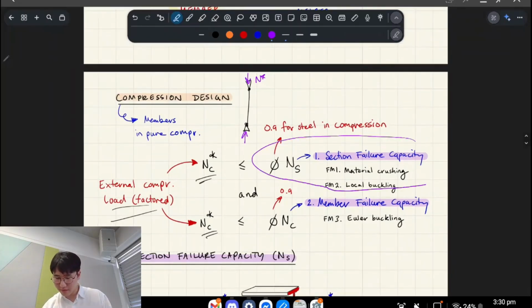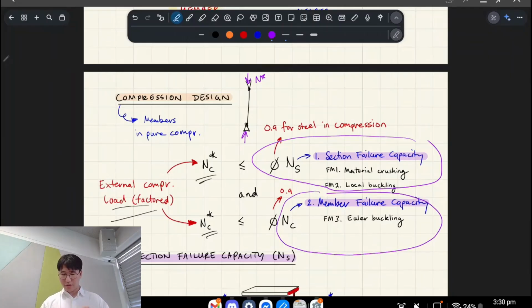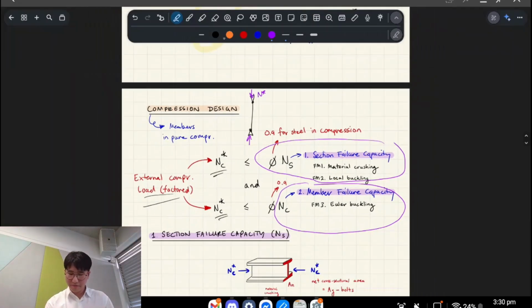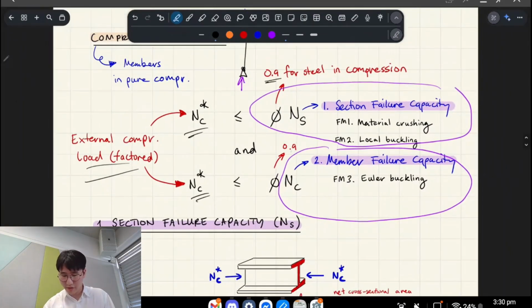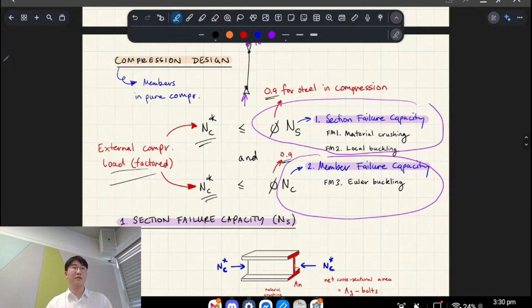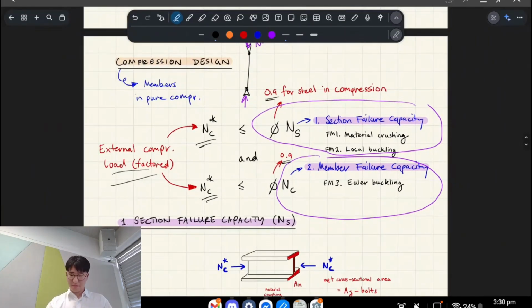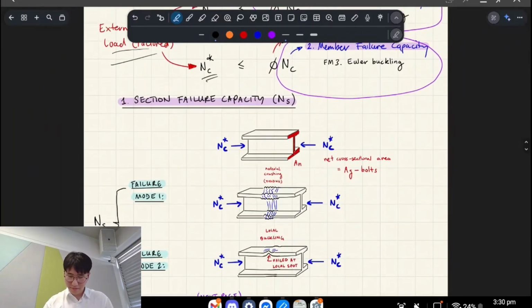For section failure, we're going to check two things: material crushing and local buckling. But then for your member failure, we're going to check global buckling, which is how many constraints it has, and check the slenderness ratio and stuff. Okay, cool. Oh, and one more thing to note. The capacity reduction factor is 0.9 again, just like tension.